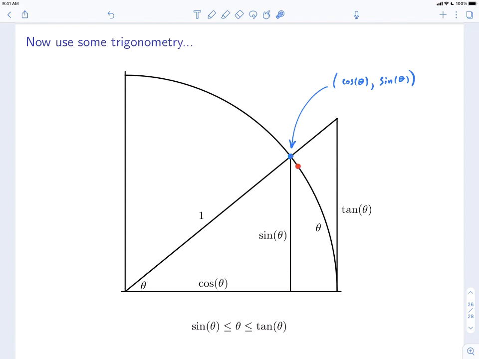So this curve, which takes us to the x-axis, must be longer. We've already established that the length of this arc is theta, and this length is shorter than this length, which is tangent theta. So we have sine of theta is less than or equal to theta, which is less than or equal to tangent of theta.